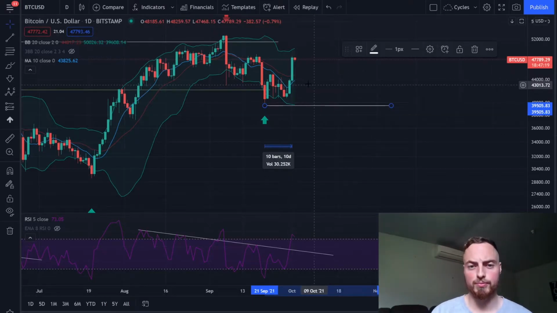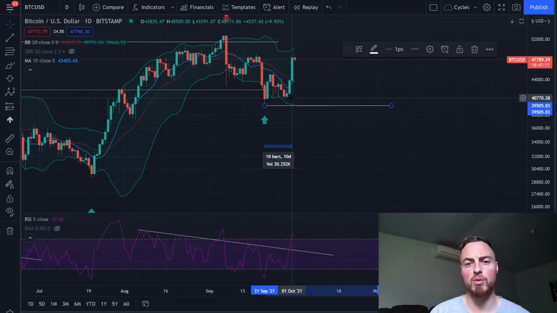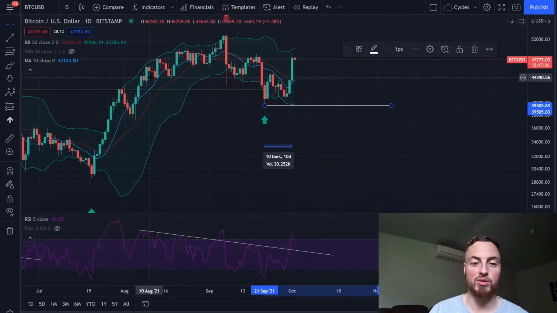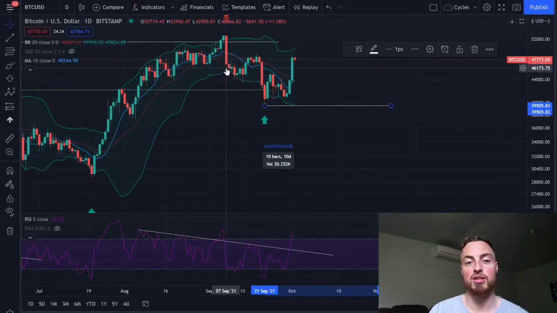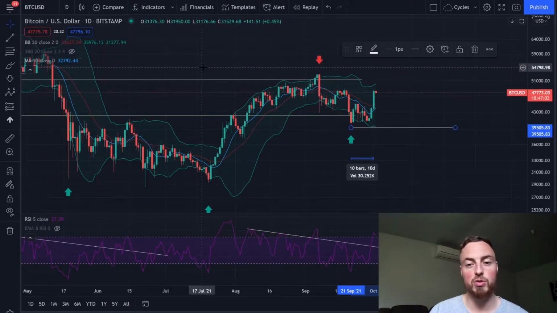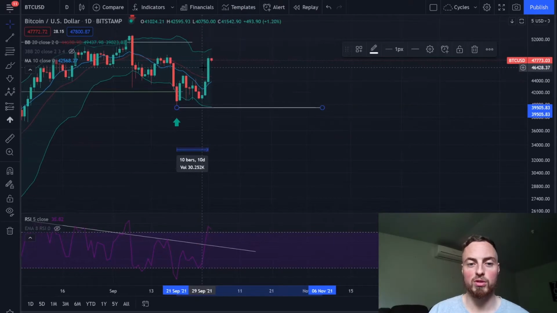So this is the level that I wanted to see it hold, and especially that 20-day. As you can see, look, I could have been right there. The 20-day is something to battle. It's always something that we test throughout the cycles. You've just got to basically assess your own risk tolerance.